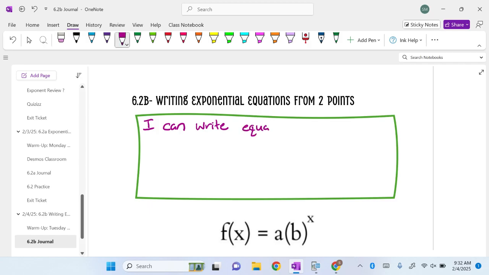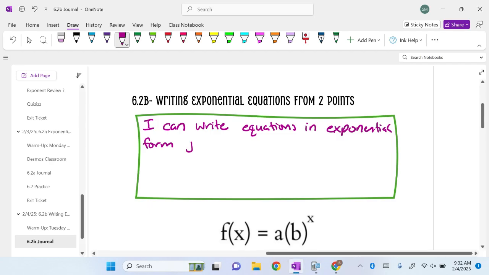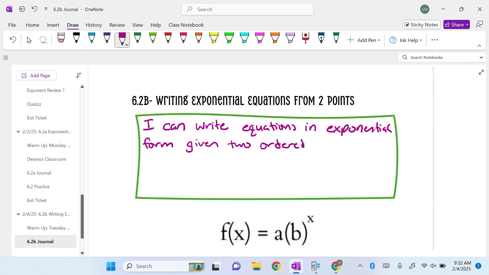This is what happens when Miss Murphy reads the wrong one. In exponential form given 2 points or two ordered pairs or a word problem.